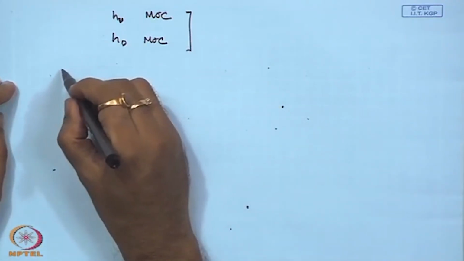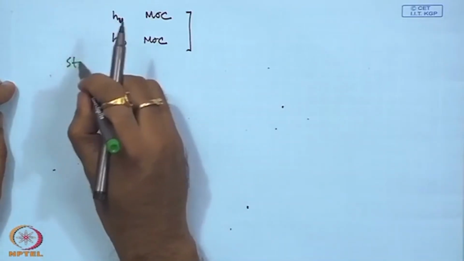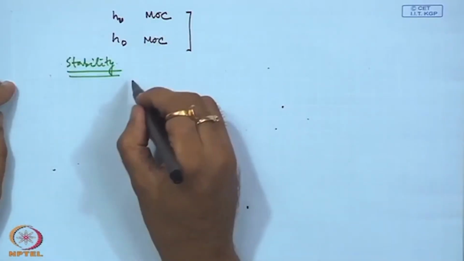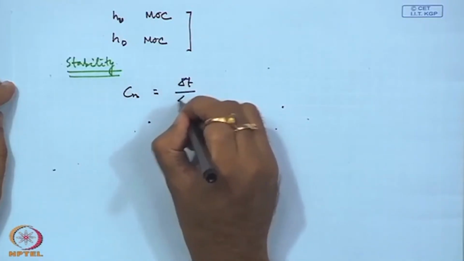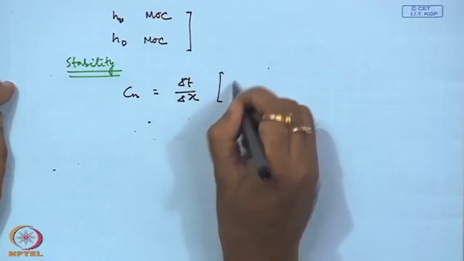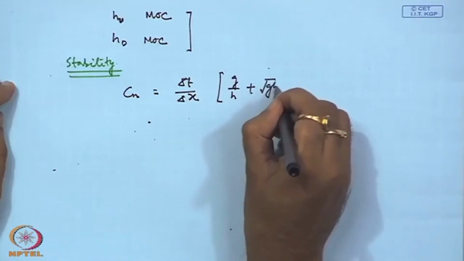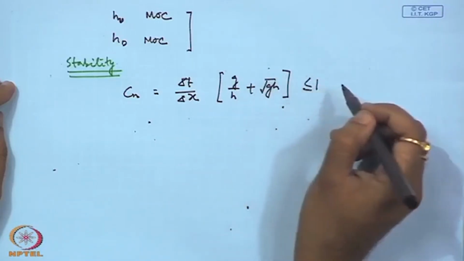For stability, the Courant number condition or CFL condition, this G by H plus root over GH, that should be less than 1.